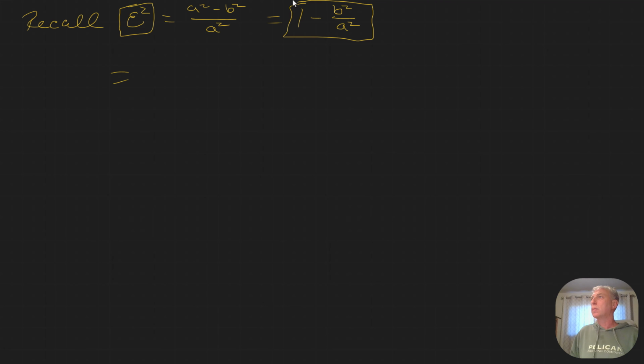We get b squared over a squared equals 1 minus the eccentricity squared. Just basic baby algebra. Put that off to the side and have it handy because we're going to use that too. I think we have all the components we need in order to do this derivation.